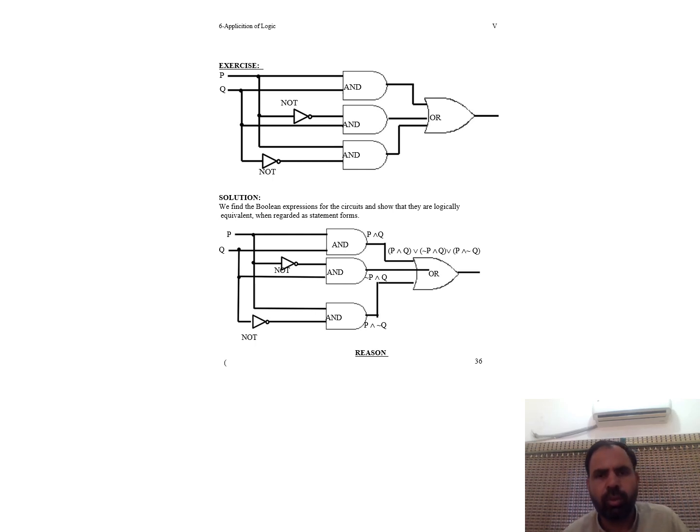So we combine these three: P and Q, negation P and Q, P and negation Q.